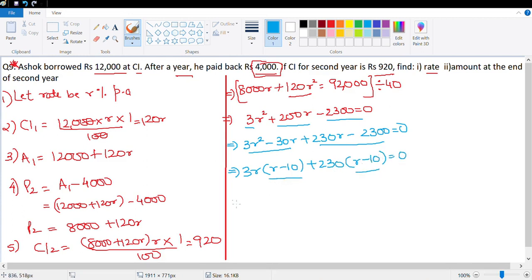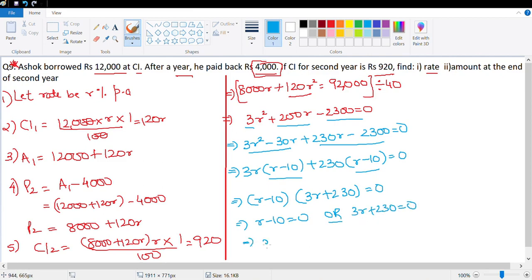Between these two terms, R minus 10 is common. So that's (R minus 10) times (3R plus 230) is equal to 0, which means R minus 10 is equal to 0, or 3R plus 230 is equal to 0. What this means is R is equal to 10%, or R is equal to negative 230 upon 3.